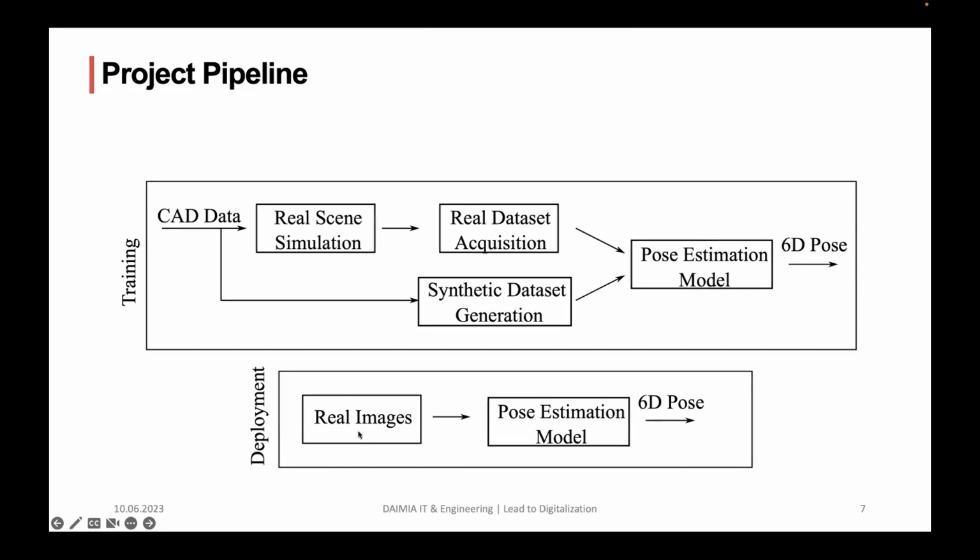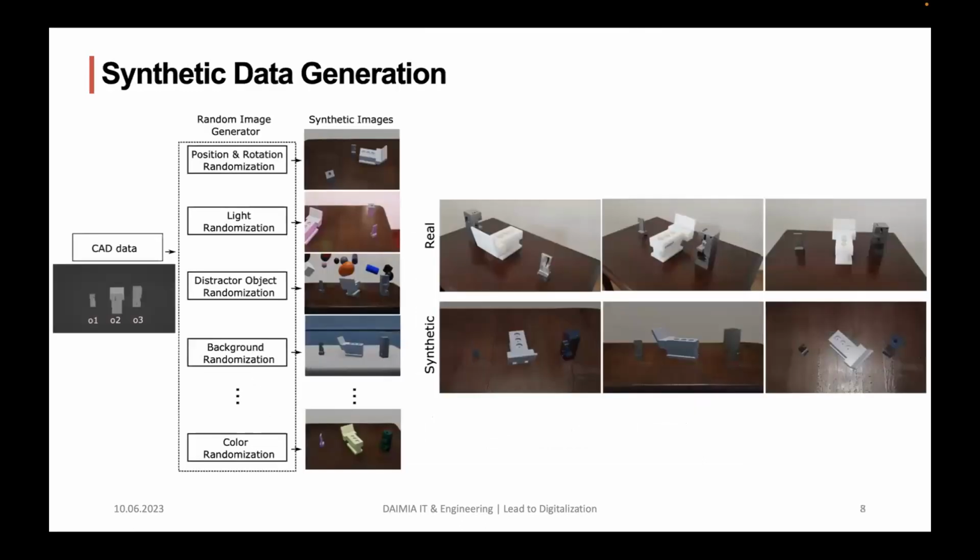The deployment pipeline is we have a set of real images. We estimate the pose of it, and that's it. So our data generation pipeline has up to 30 different parameters: position, rotation, light, distractor objects, background randomization, color randomization.